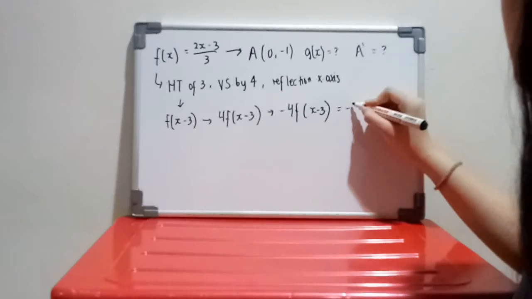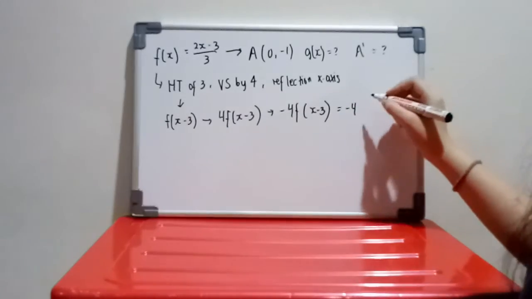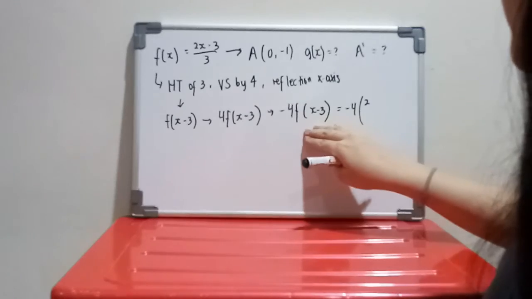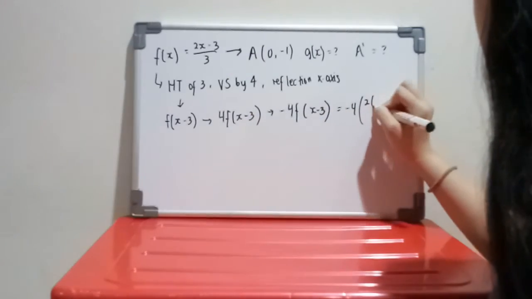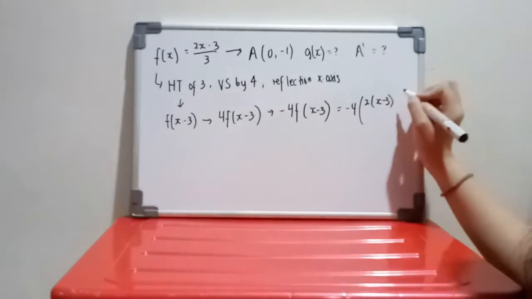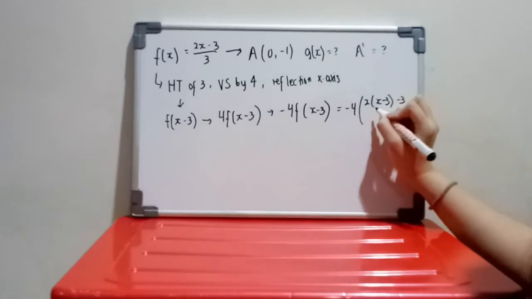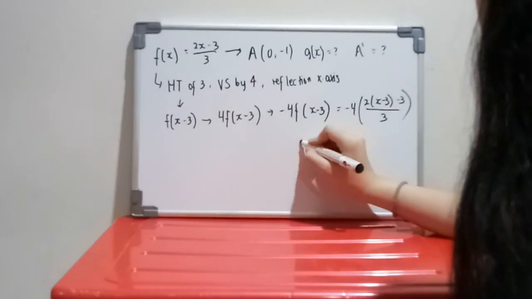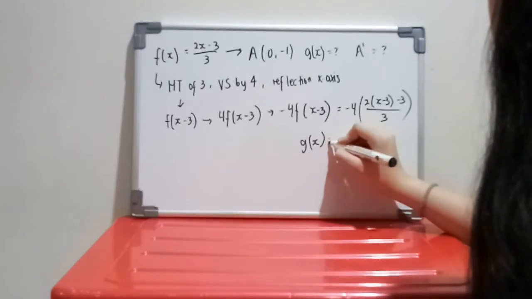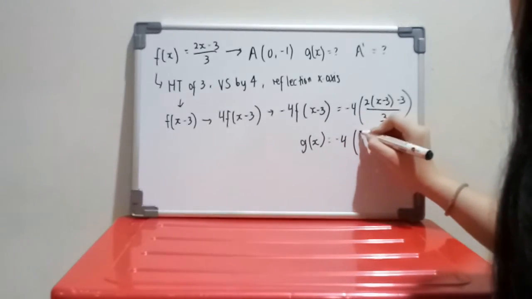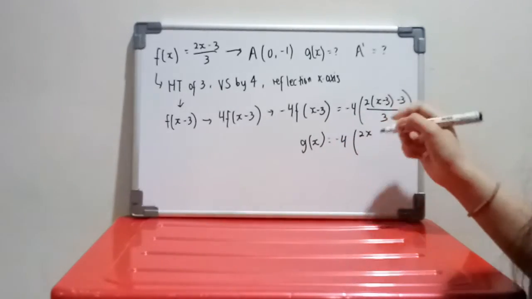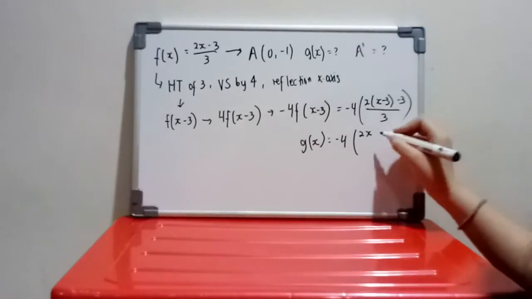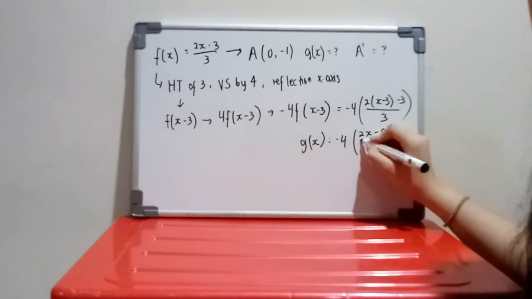So negative 4 times 2, put (x minus 3) in the place of x, minus 3, over 3. So here we have g(x) equals negative 4, (2x, 2 times negative 3 is minus 6, minus 3, so 2x minus 9) over 3.